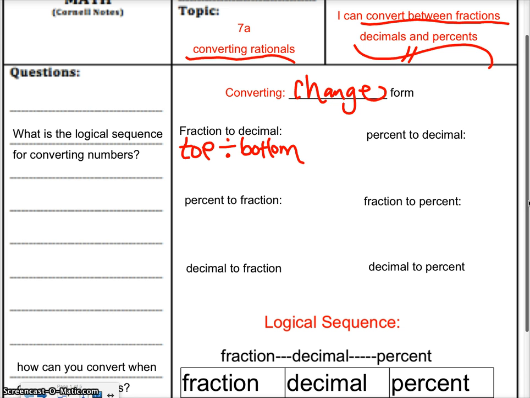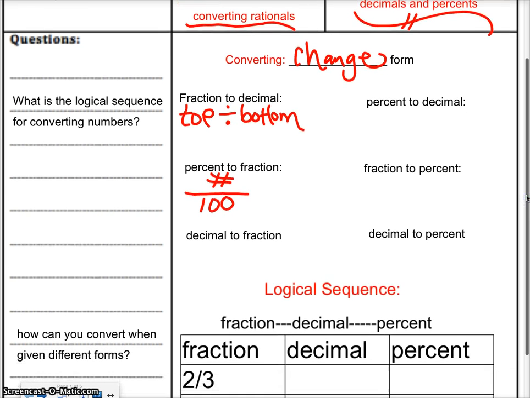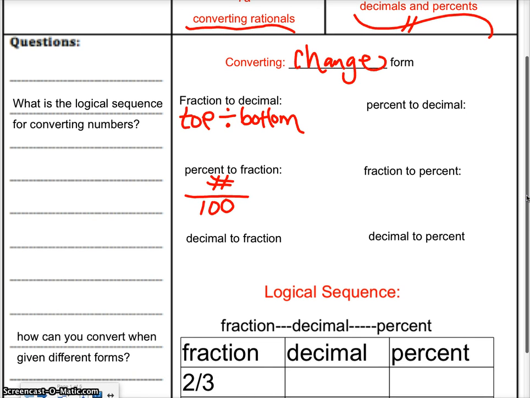If we want to turn a percent to a fraction, you're going to do the percent number over 100. Percent is always over 100, always. If you want to convert from a decimal to a fraction, you do the number over the place value.